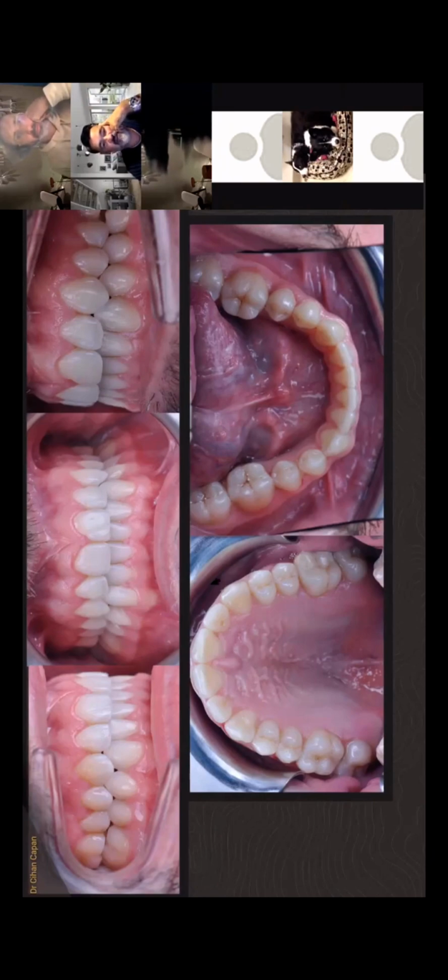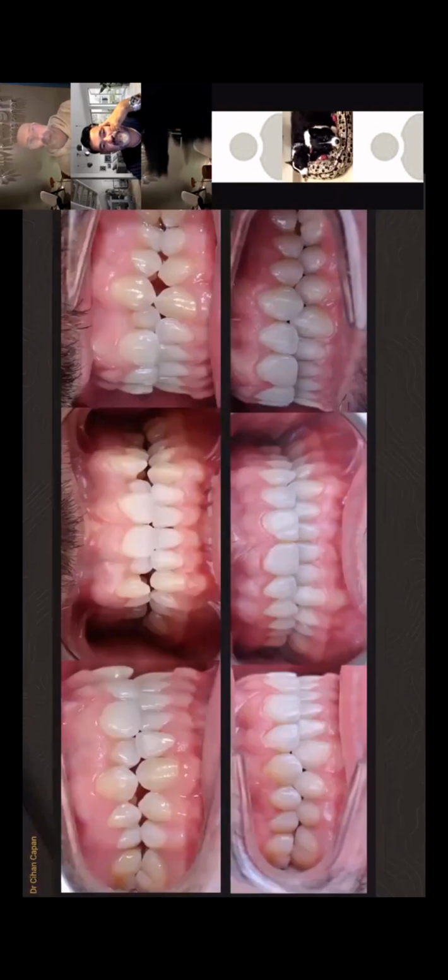So look at the upper, how beautifully it expanded. You can see the laterals, they're leveled perfectly. And you can see the lower 6s are lingually tipped, and all the anterior is leveled perfectly. So you can see pre-treatment and post-treatment, and everything is nicely settled.